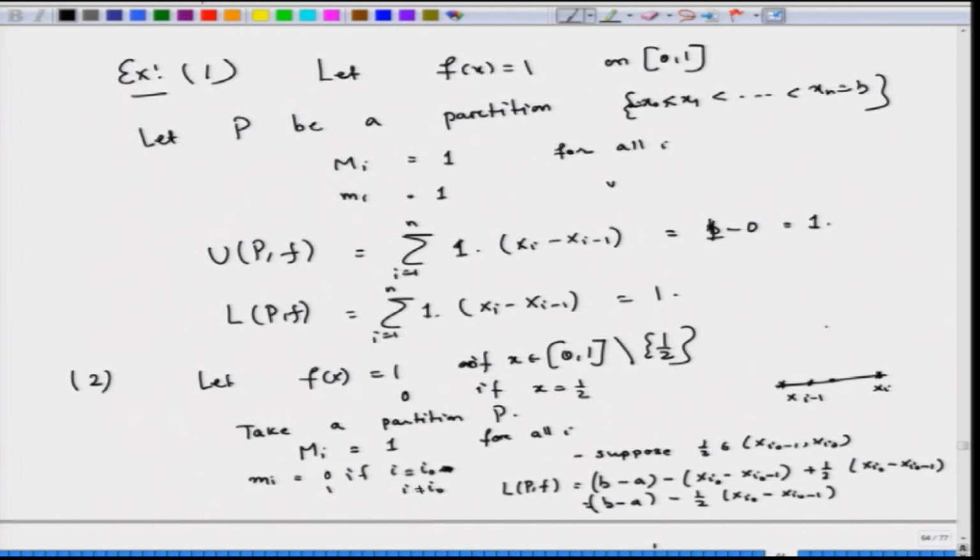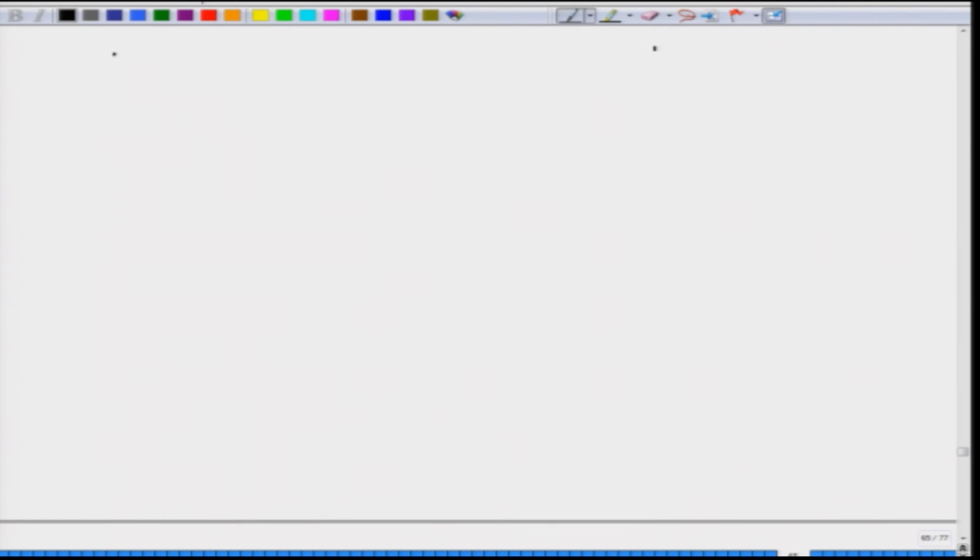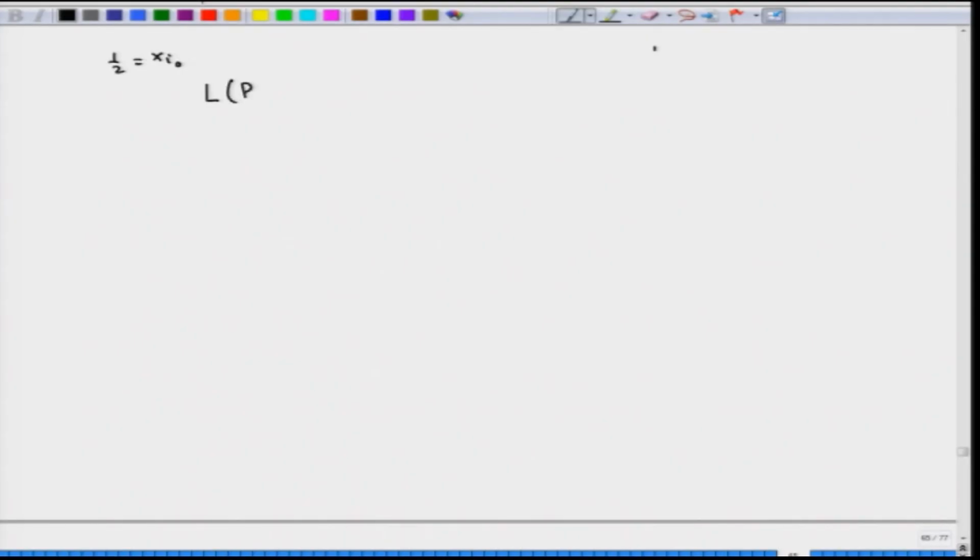Similarly, if half is equal to some x_{i0}, then you need to consider two subintervals. Then in this case, L_P of f is equal to b minus a minus half of (x_{i0+1} minus x_{i0-1}).